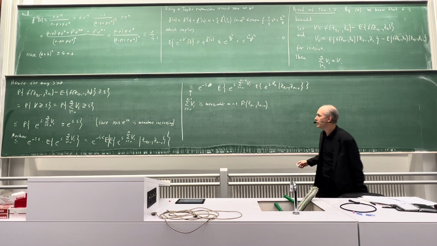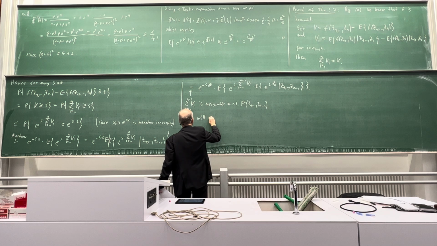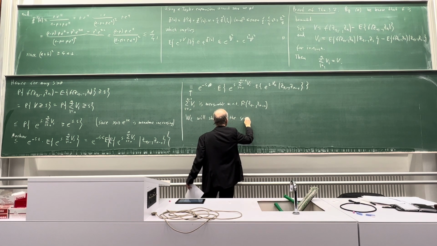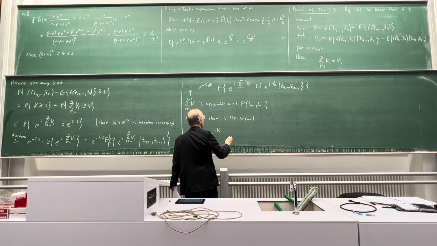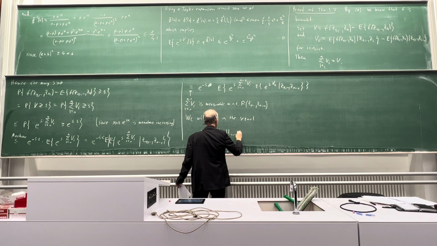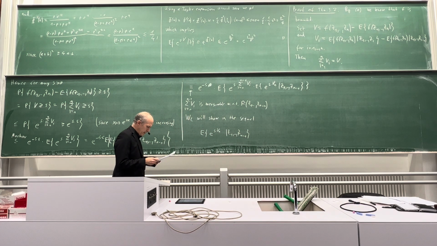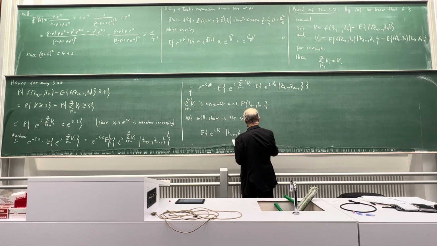And now the trick is, we will show in the sequel that this conditional expectation is less equal than e to the power s squared cn squared divided by 8.